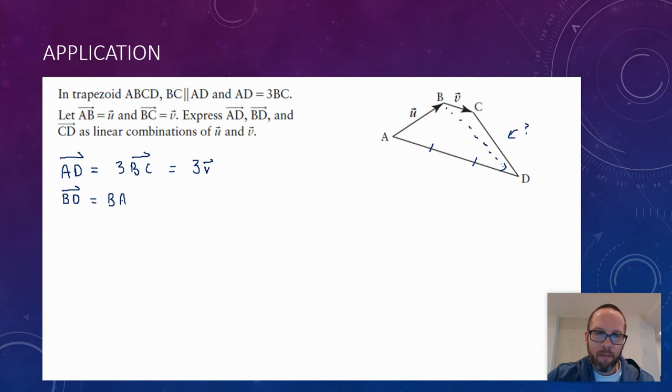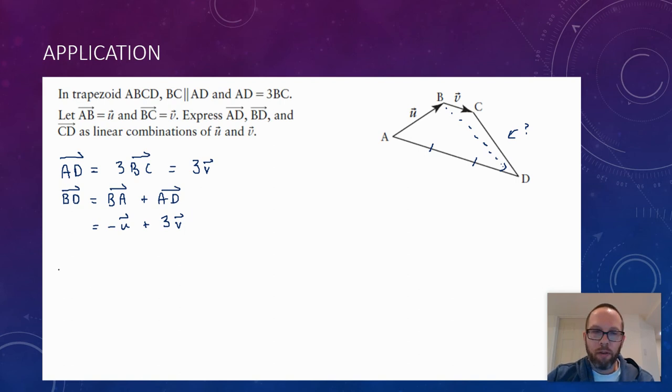Vector BD equals BA plus AD. Well, I know those in terms of U and V. BA is the opposite of AB. It's the opposite of U, which I can write as negative U. AD, we were told, is 3 times BC, or just 3V. So we've expressed BD as a combination of U and V.